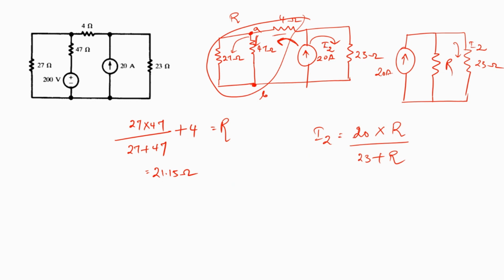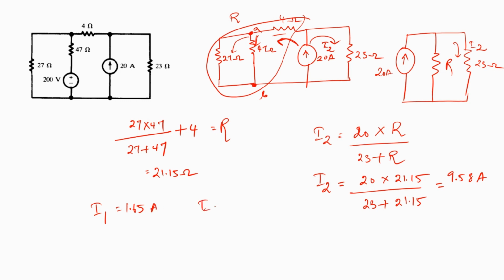So if I replace the values, I obtain I2 as 20 into 21.15 divided by 23 plus 21.15, which turns out to be 9.58 amps.